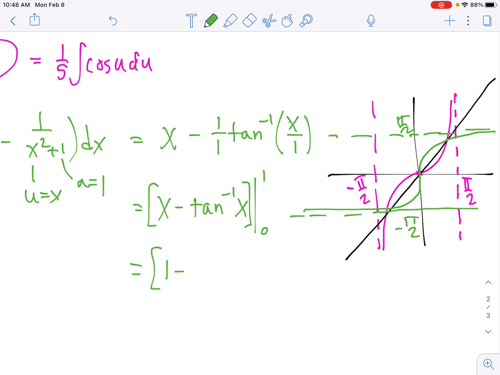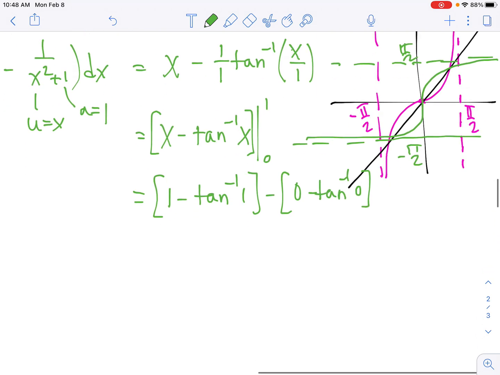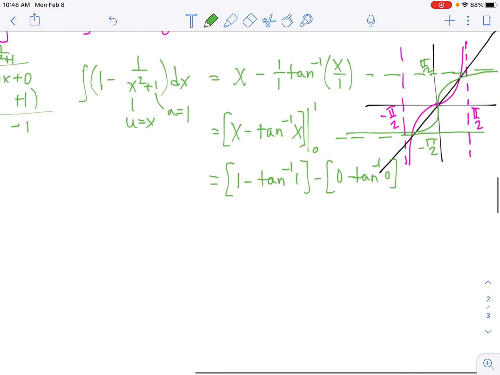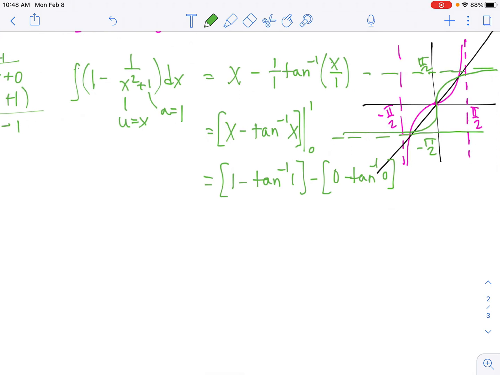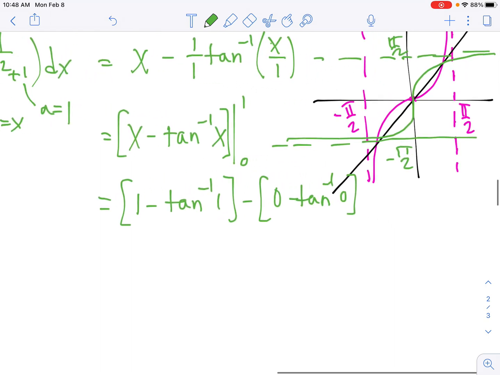So we're saying 1 minus inverse tan of 1 minus 0 minus inverse tan of 0. That's what we're saying here. And so the inverse tan of 1 is saying, what radian measure am I at when I have a tangent of 1?